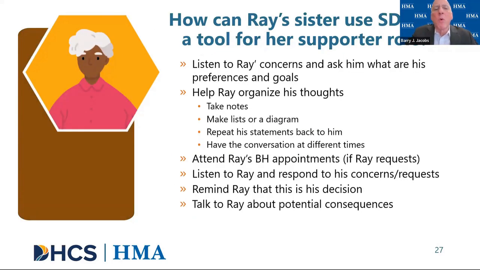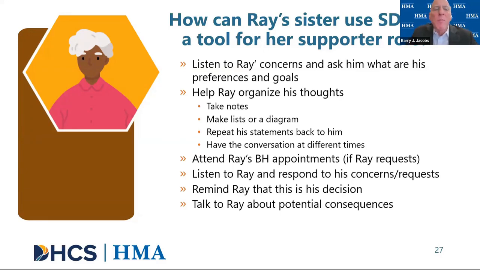For the volunteer supporter, as we've mentioned, her role is as much as possible to listen to Ray's concerns and really provide him with a non-directive, non-judgmental audience, and to pose questions to him to help him better articulate and better organize his thoughts so that he can express his preferences and goals.